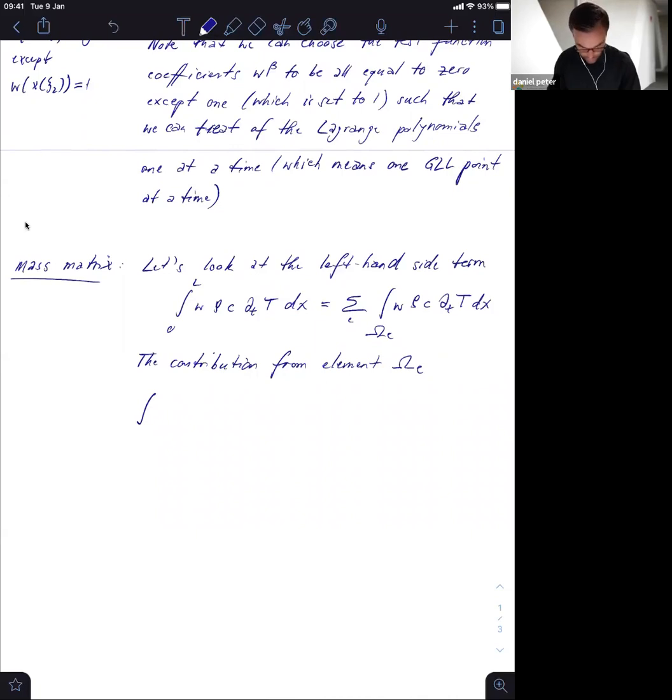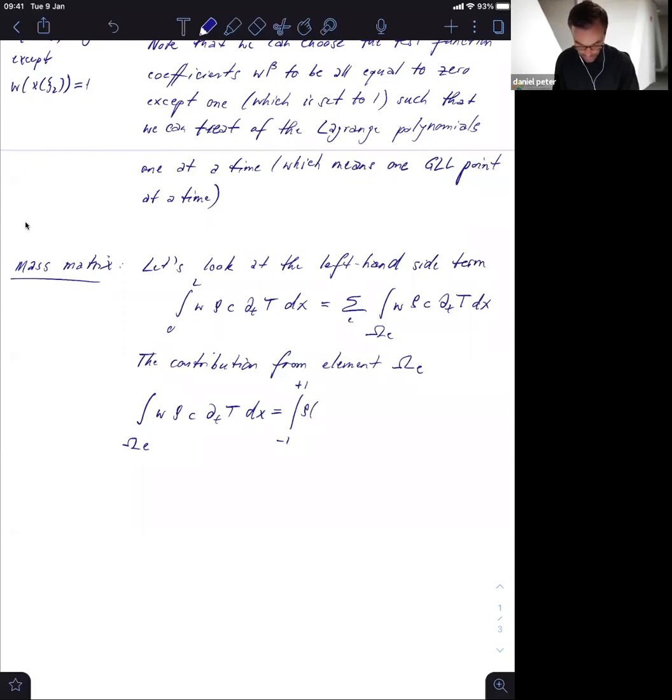We have the integral rho C times the derivative of T. And this we're going to map onto the reference element, which goes from -1 to +1.